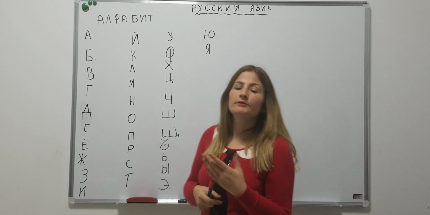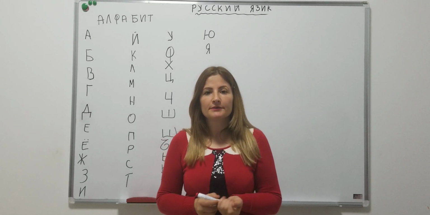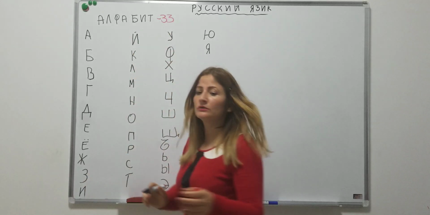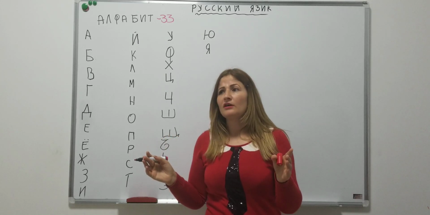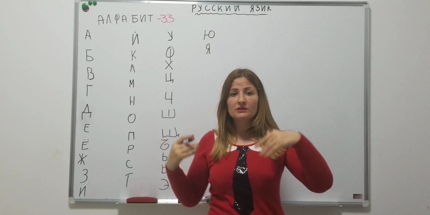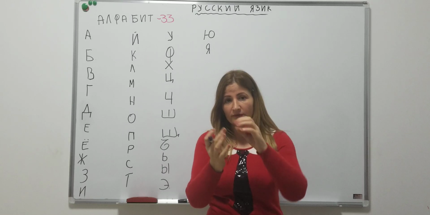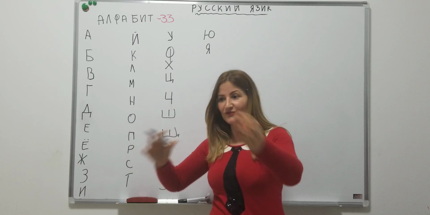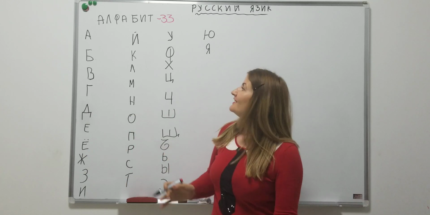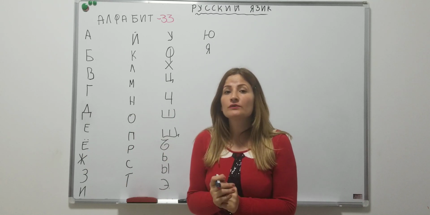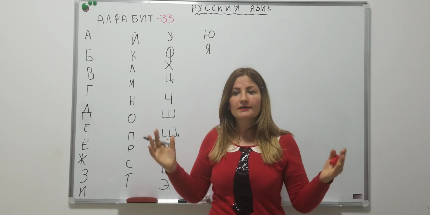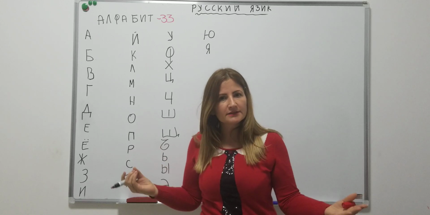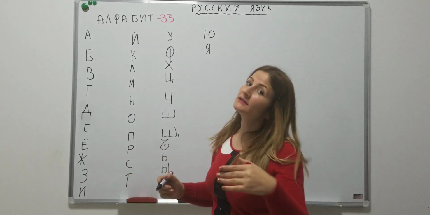The Russian alphabet has 33 letters, and unlike English or Albanian, they do not divide them into vowels and consonants. We will just take them together, and then we will take the sound of each of them and see how they are categorized, how they are divided. We will even try to practice some words, okay? So let us start.